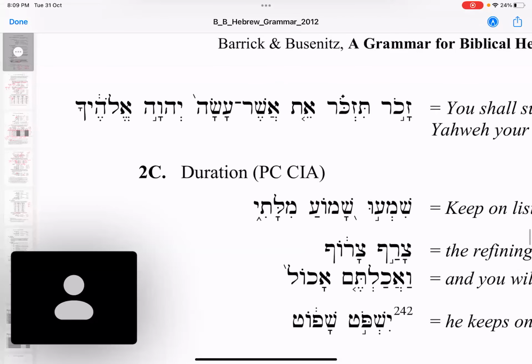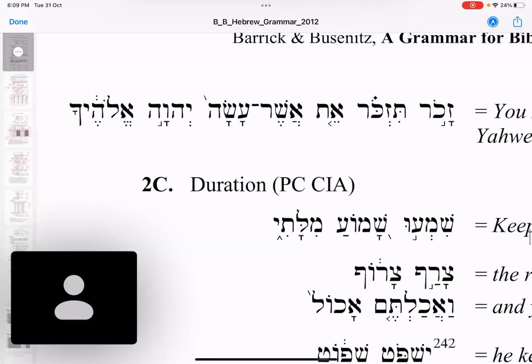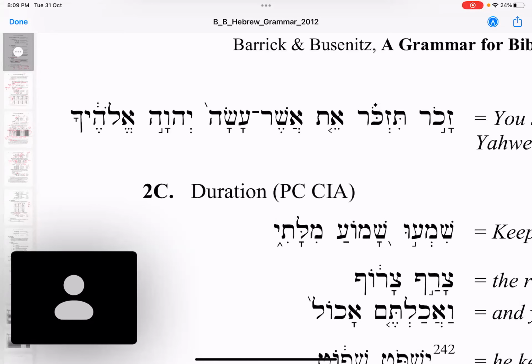One more example they have given. Read this one. Zakor tizkor et asher asa Yahweh Elohecha.